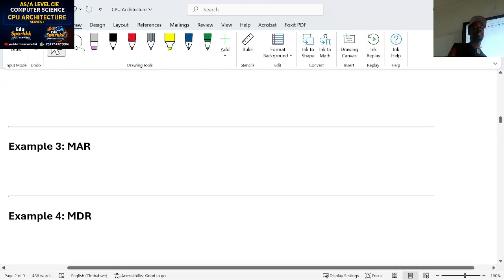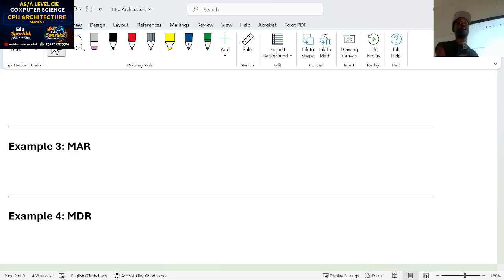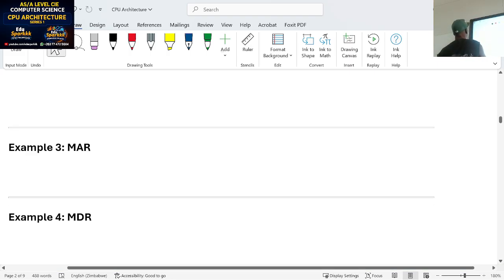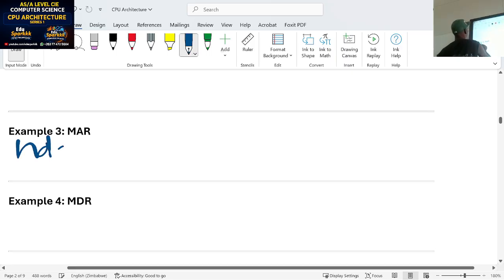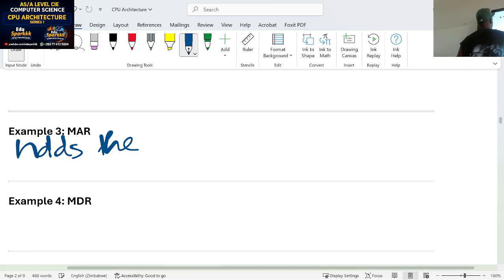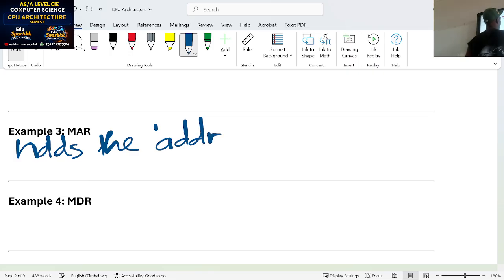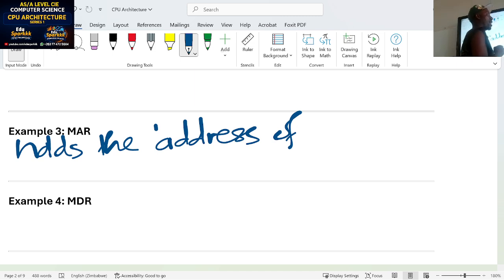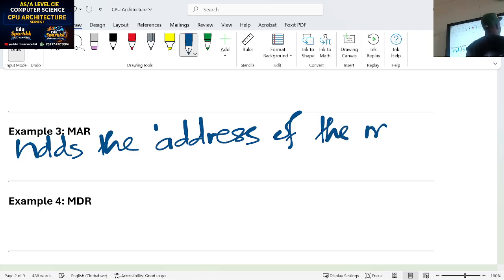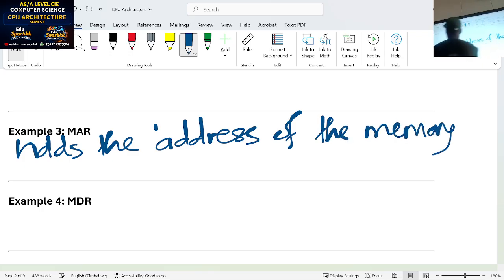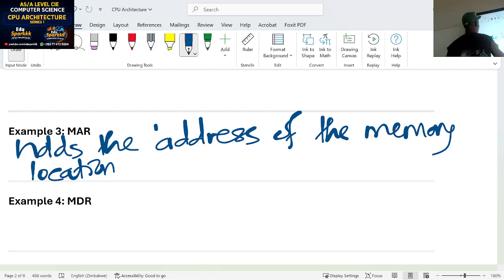The next is memory address register. Well, the memory address register is designed to hold the address of the memory location being accessed.